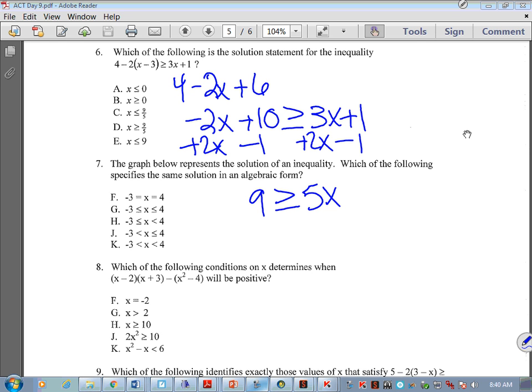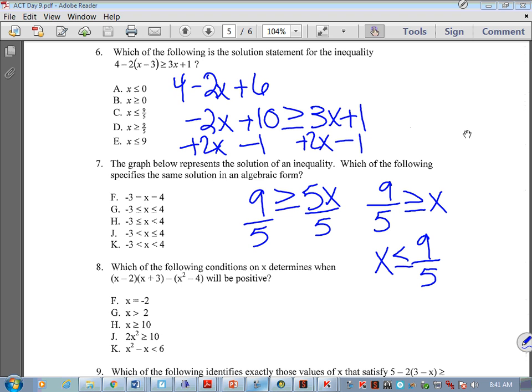Now what? Divide by 5. All right. So what I'm getting is 9/5 is greater than or equal to x. All right, now here's where we want to be careful because I actually need to flip it. And whenever I flip it, what do I need to make sure I do with the inequality? Flip the inequality as well. So I should get x is less than or equal to 9/5.